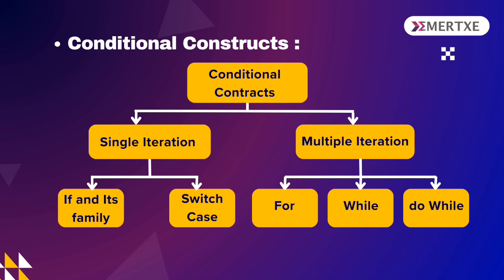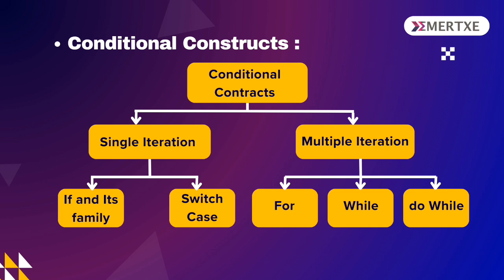Another one, switch case. This is a cleaner alternative when we need to choose between multiple fixed options based on a single variable. Multiple iteration constructs. These are the loops used when we want to repeat a block of code multiple times based on a condition. Under this, for loop, while loop, do while loop, are divided. For loop, best used when the number of iterations is known.